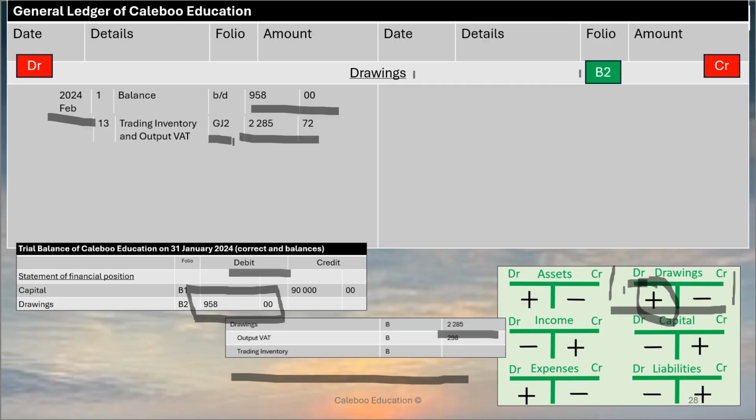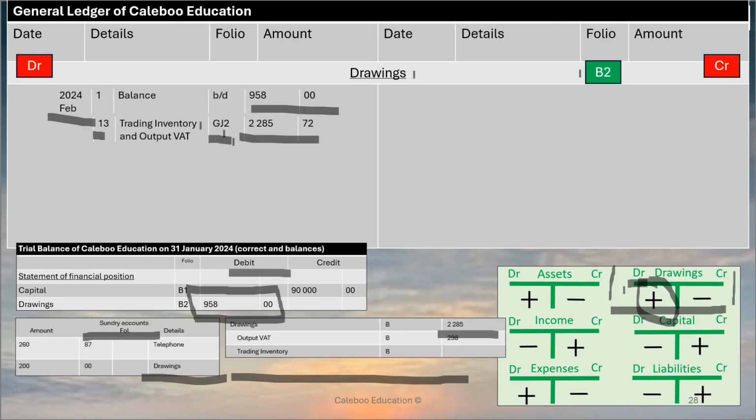I can see it came from the general journal, and the contra account is trading inventory. The transaction took place on the 13th. Then there's also drawings, and this could have been from the petty cash journal. Let's see. Yes. So the owner took 200 for his personal use. Contra account is petty cash, came from the petty cash journal.